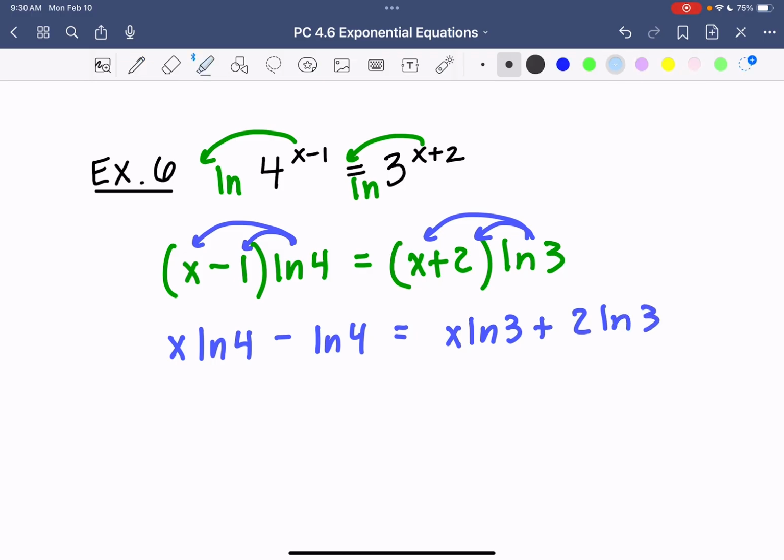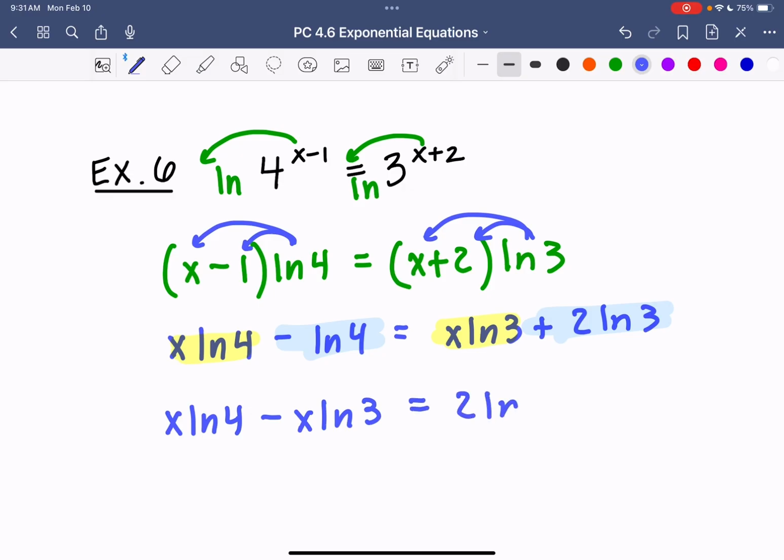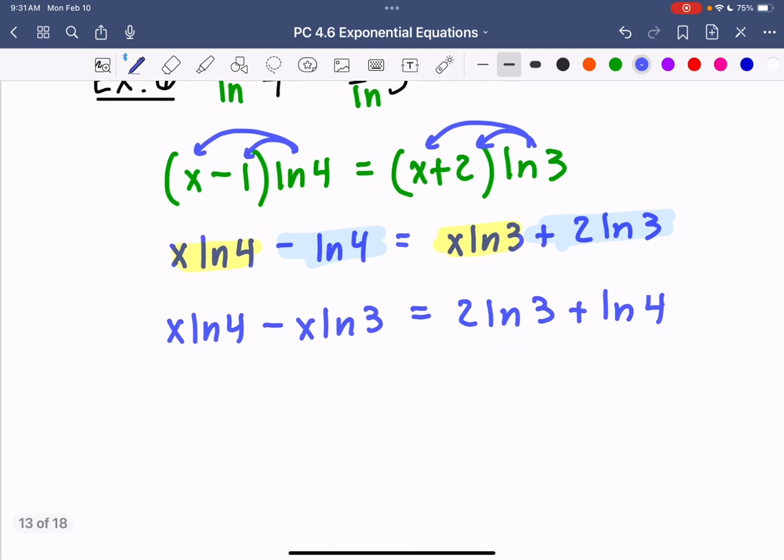Okay. So this is where we recognize the two terms with the x's I'm going to get on one side. So I'm going to subtract this guy over. And then I'm going to add the ln 4 to the other side. Okay.